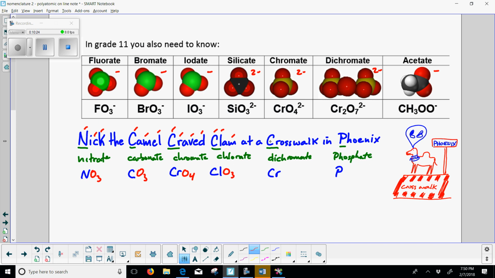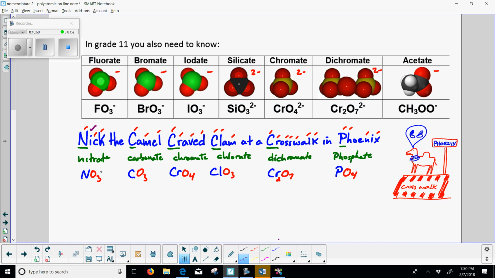Now this long one, we got 1, 2, 3, 4, 5, 6, 7 oxygens and 2 chromiums. Remember the double S. And then Phoenix is 1, 2, 3, 4, so you have 4 oxygens there. Now, how about the charges? Well, to figure out the charges, you simply look at the number of vowels.